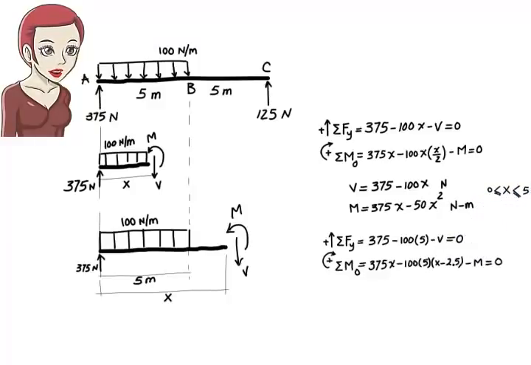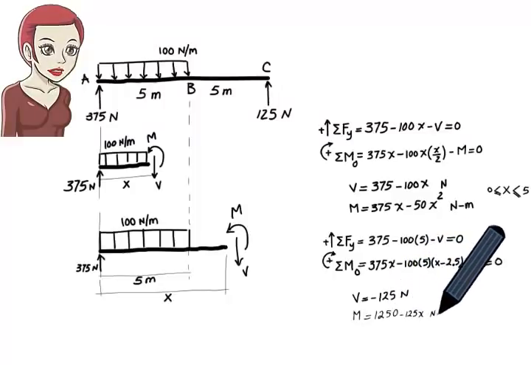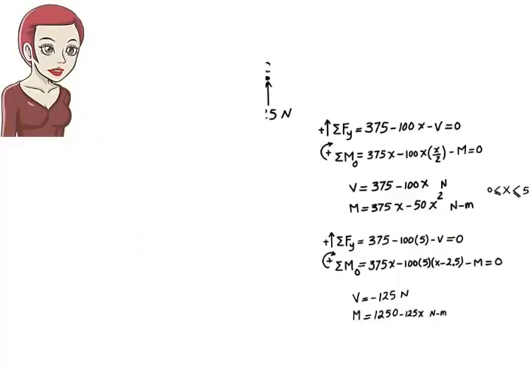Solving the equations for V and M, we get V equals negative 125, M equals 1250 minus 125x.